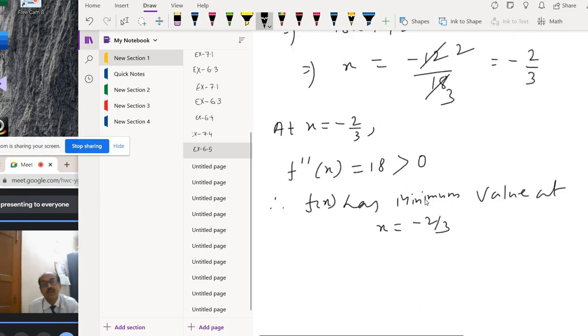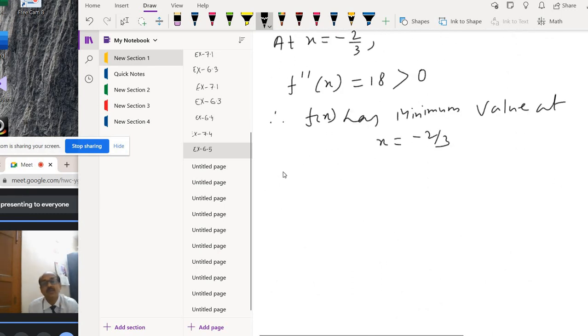Now find the minimum value. Minimum value equal to, put x equal to minus 2 by 3 in the given question.